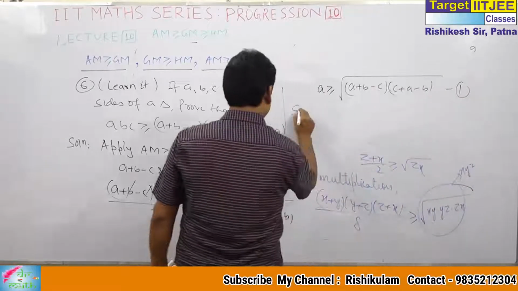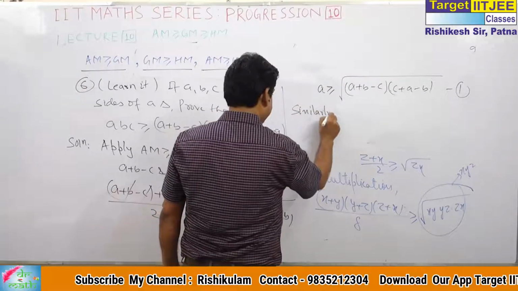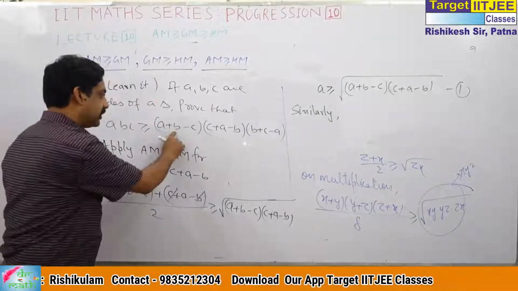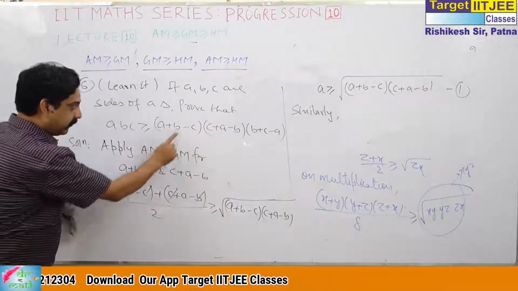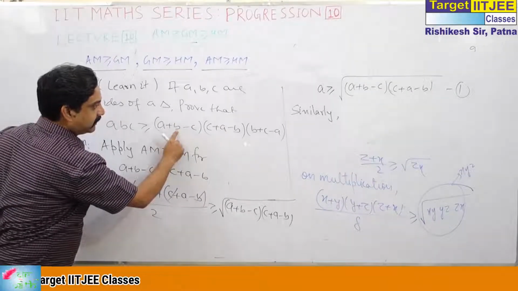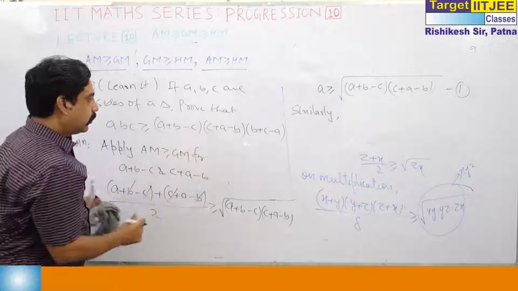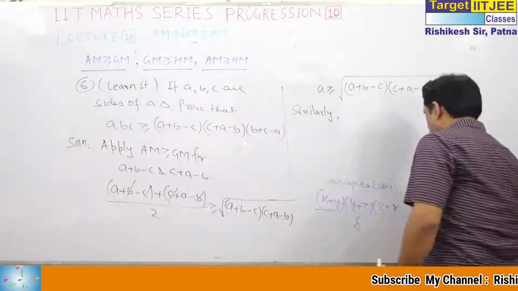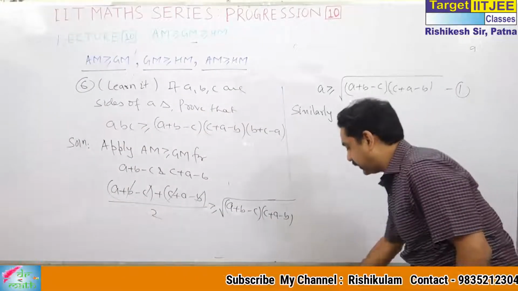Similarly, now I am applying for the first and third. I have applied for first and second. Now I am applying AM greater than or equal to GM for the first and third.